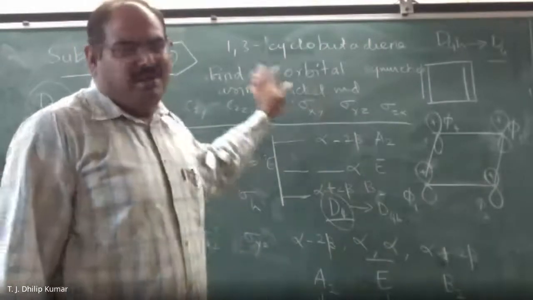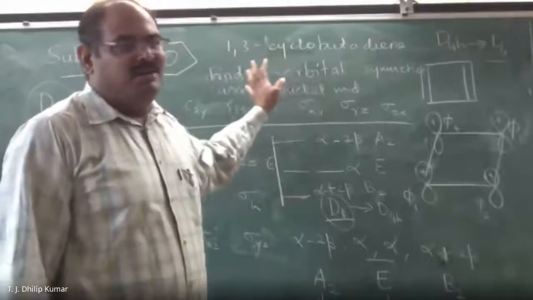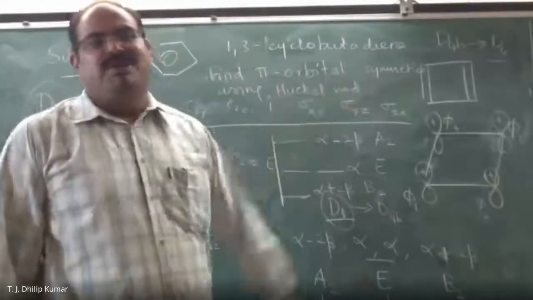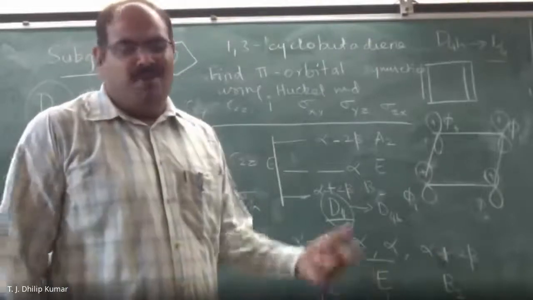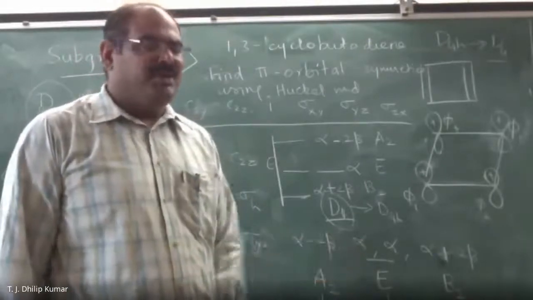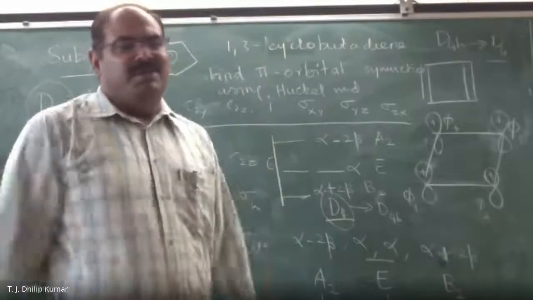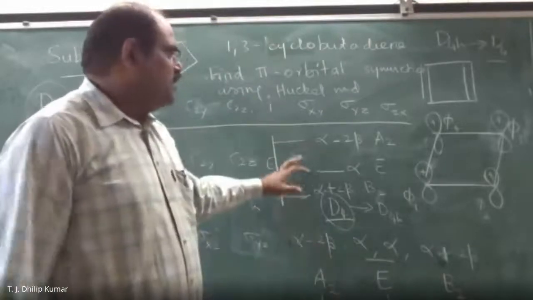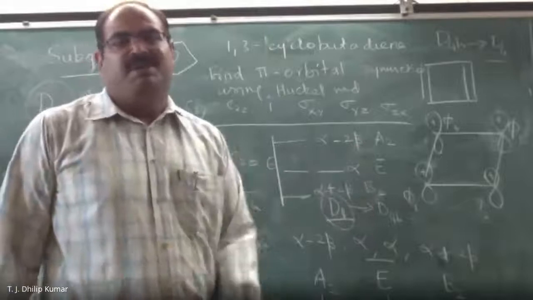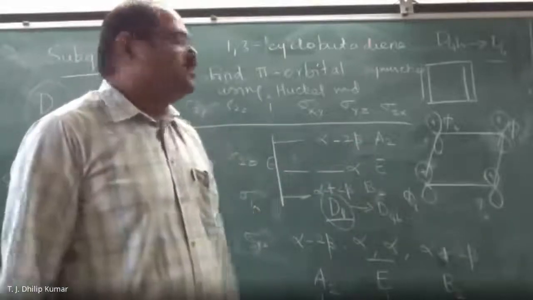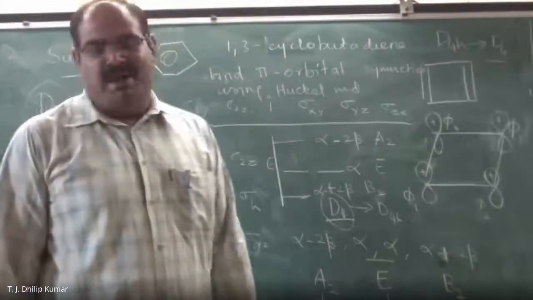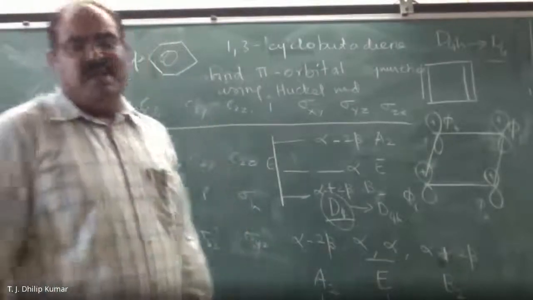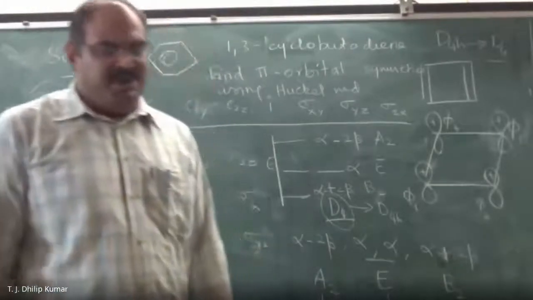Some of the orbitals will be degenerate in benzene also: 2 orbitals are doubly degenerate, and the remaining 2 will be separate. So one can find the energies and the corresponding symmetries. This method is called Huckel's pi orbital method, adapting the SALC method, symmetry adapted linear combination method.